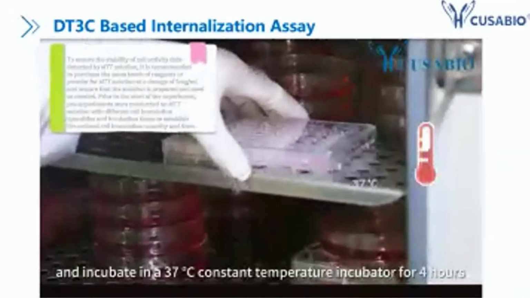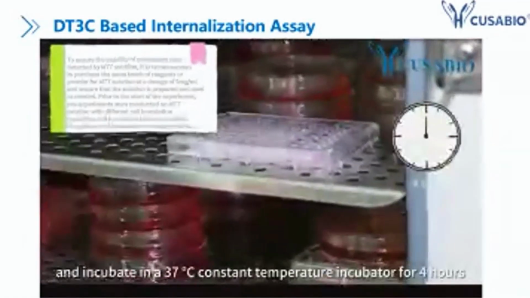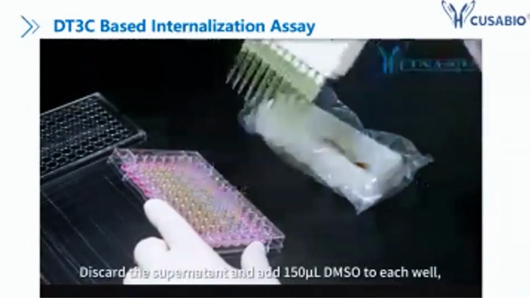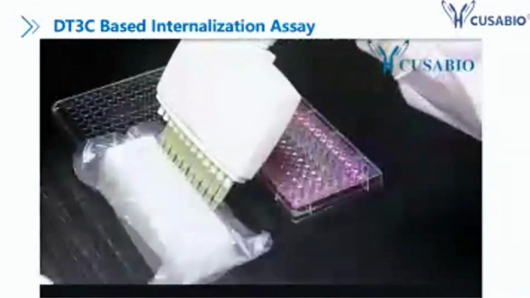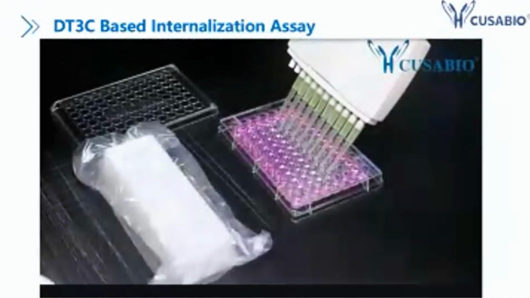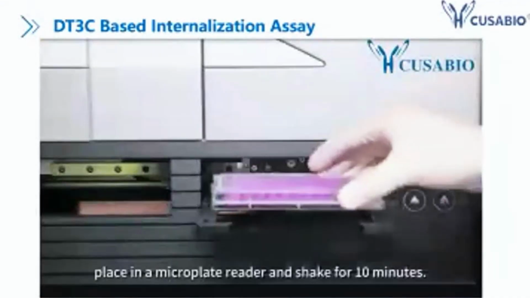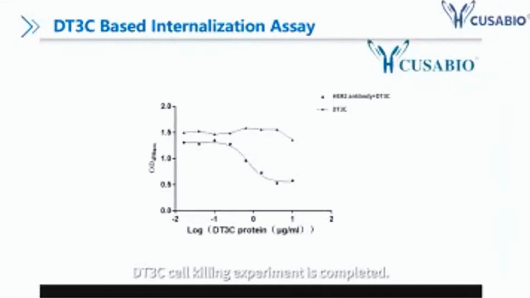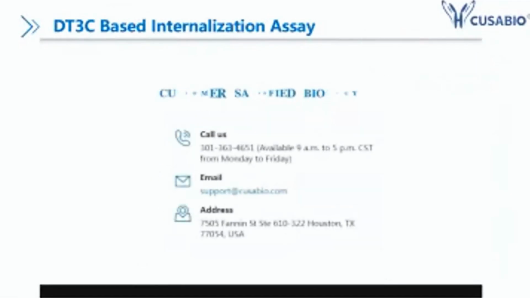This is the cell cytotoxicity assay, a pretty common experiment that you can find in the lab. Then we use the microplate reader to collect the data and get the detection result. Here we have the DT3C group and the conjugate group, and you will see a sharp decrease in the survival of the cells for the conjugate group.